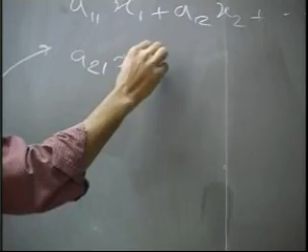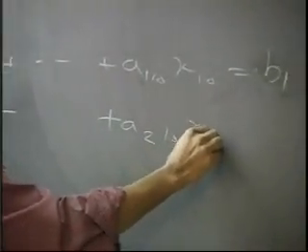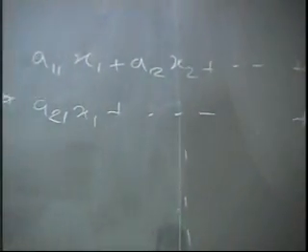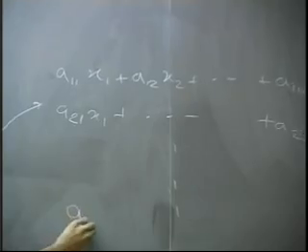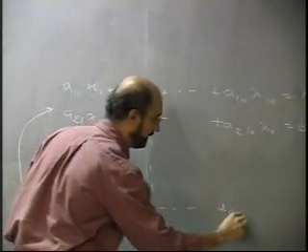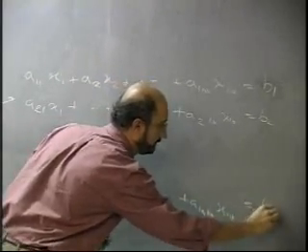A21 x1 plus ... A2 10 x10 equals B2, etc. And let's say over here I have A10 1 x1 plus ... A10 10 x10 equals B10.